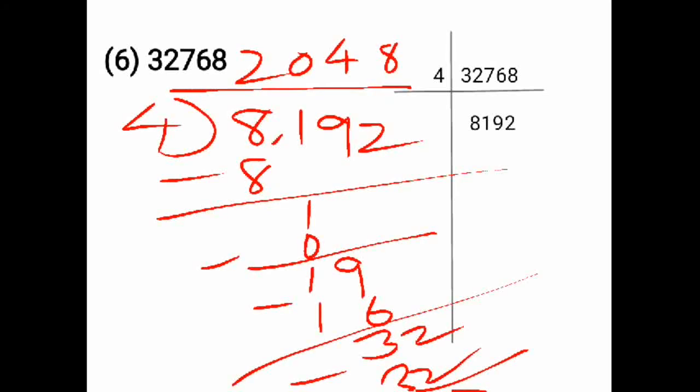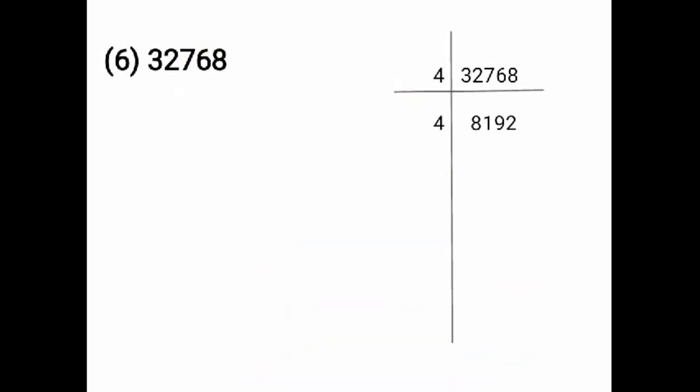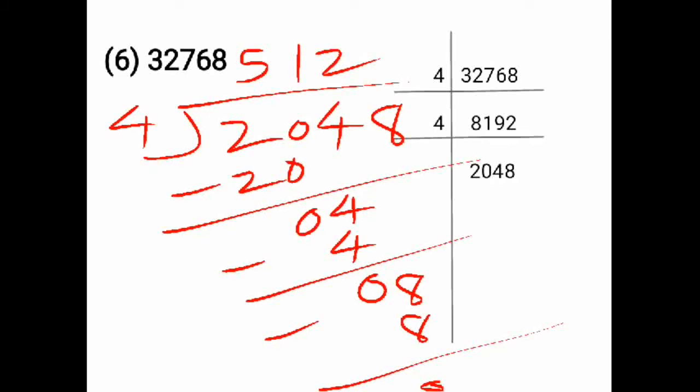Quotient is 2,048 after dividing 8,192 by 4. That is 4 into 2048. Divide the number again, 2048 by 4. Quotient is 512, that is 4 into 512 after dividing 2048 by 4.